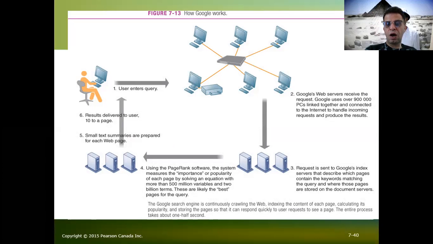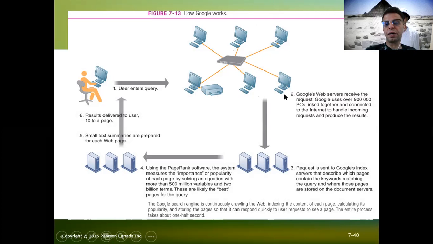So basically, how Google works: first of all, these are the stages. You have a user who enters a query. The query goes and searches all the internet, all the PCs around, to find out who carries this information to bring it to you. Basically, the Google web server receives the request.